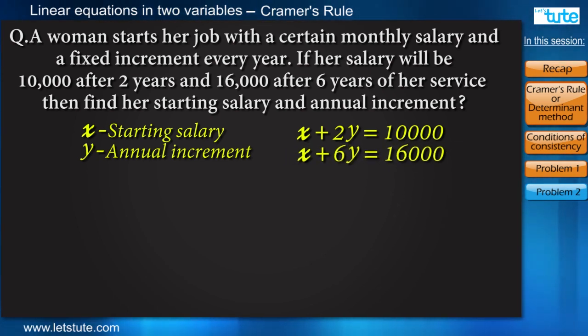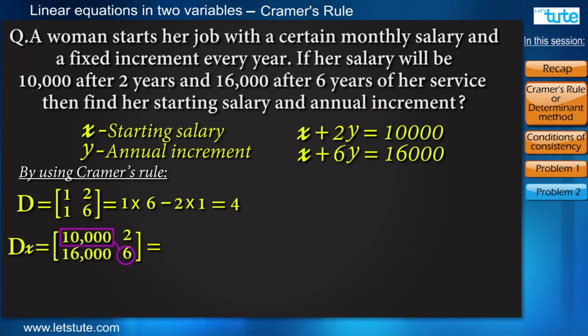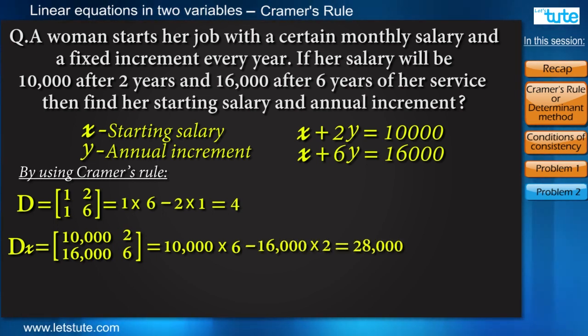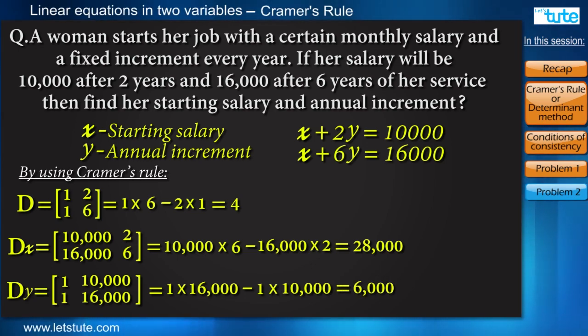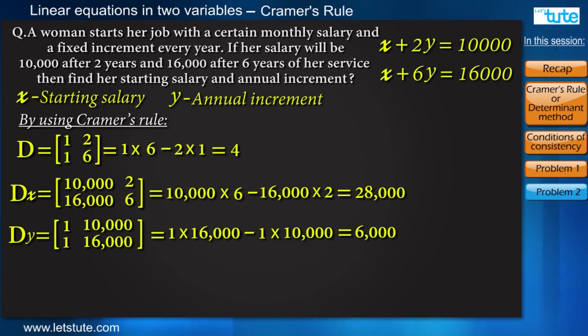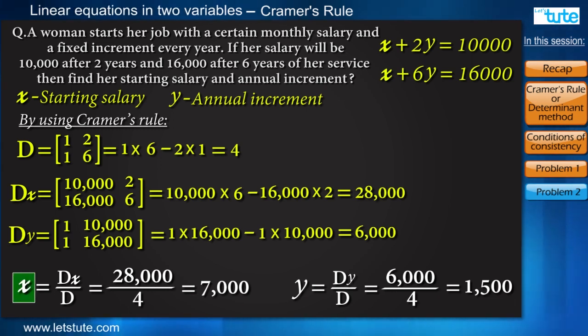Now let's solve this using Cramer's rule. So this is how we get the values of x and y, which are her first salary and increment respectively, by the method of determinants, or say Cramer's rule.